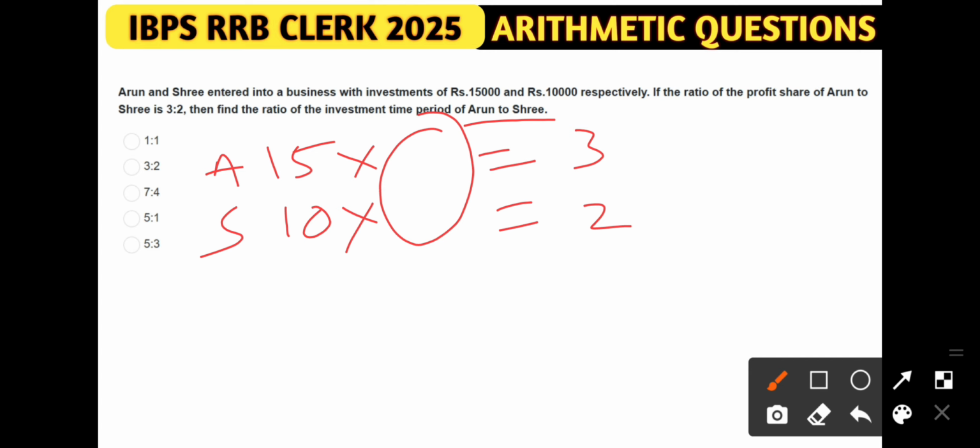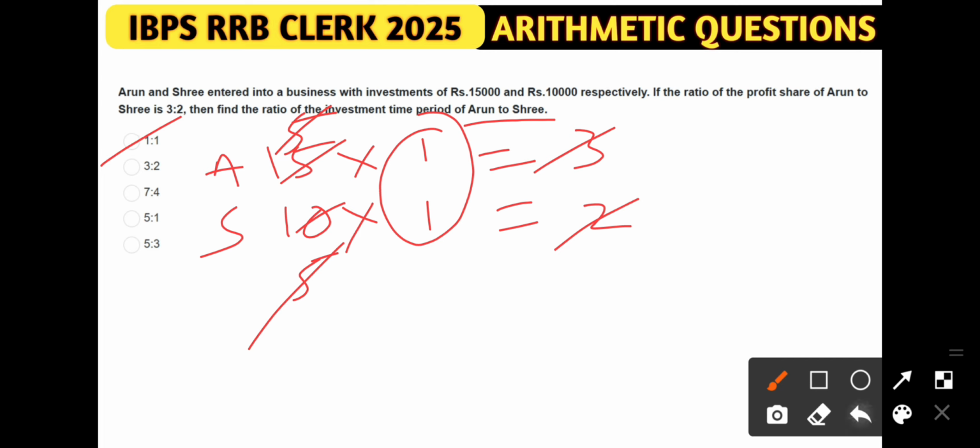So 3 is 5 times 3... 5 times 2, 5 times 5. So it must be 1:1 ratio. So option A is the answer. Okay, 1:1 ratio is the answer.